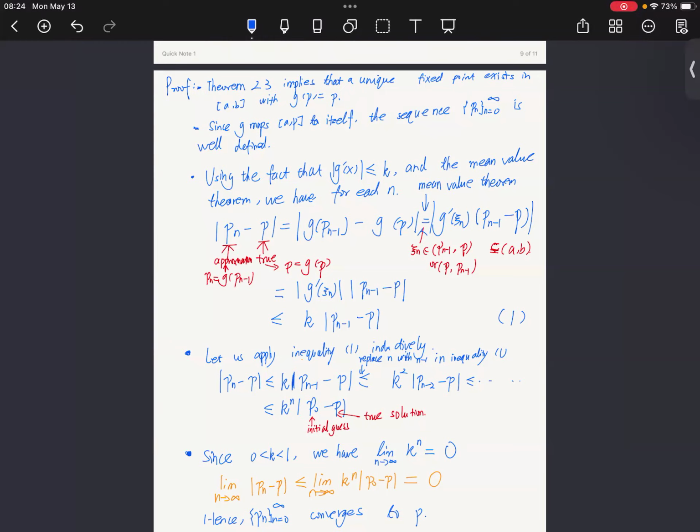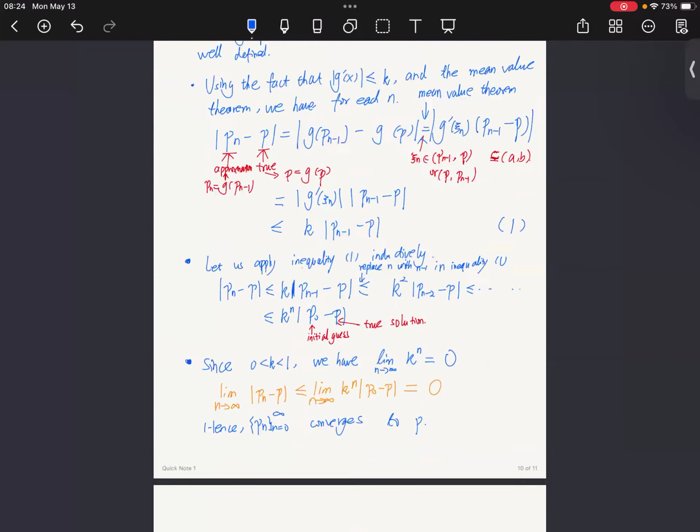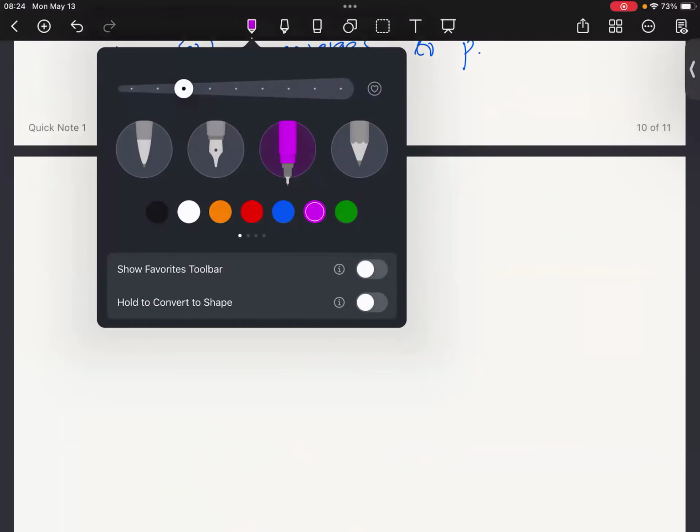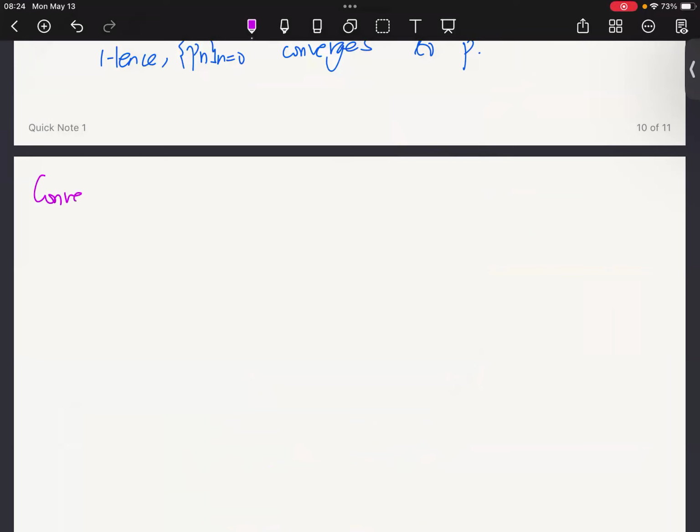And if you don't have any questions, we are going to get the corollary, which is quite important. It's about the convergence rate of the fixed point method.